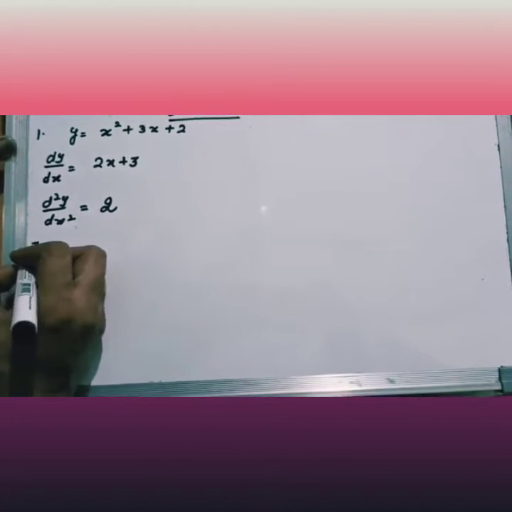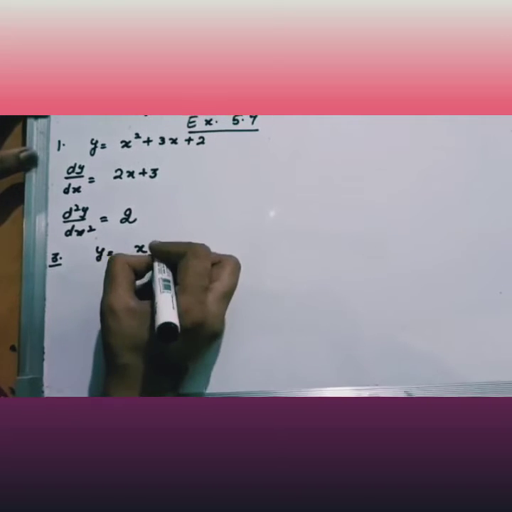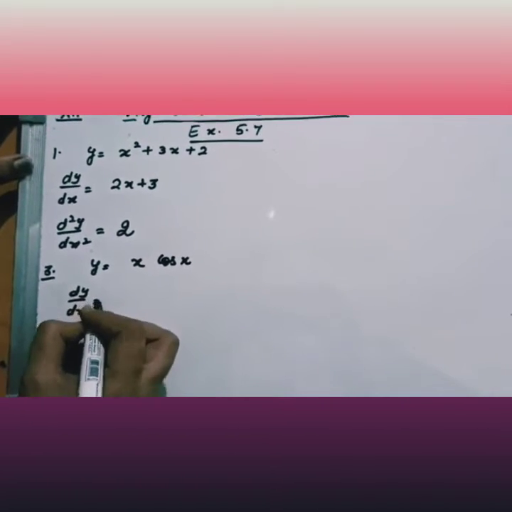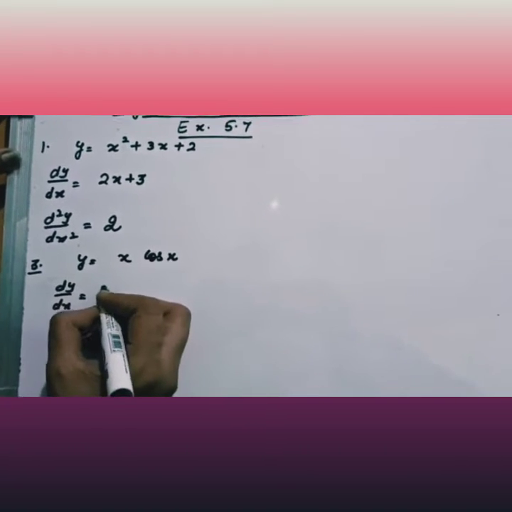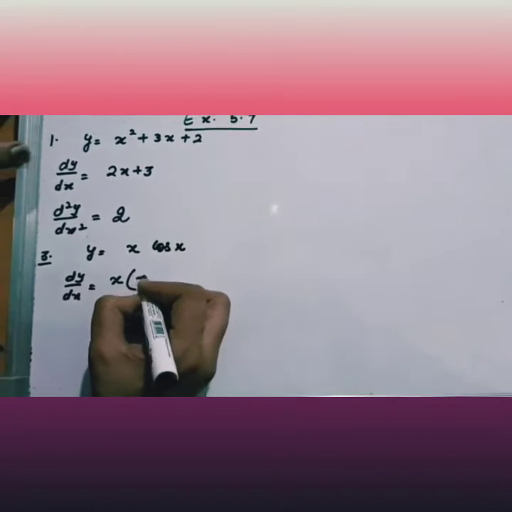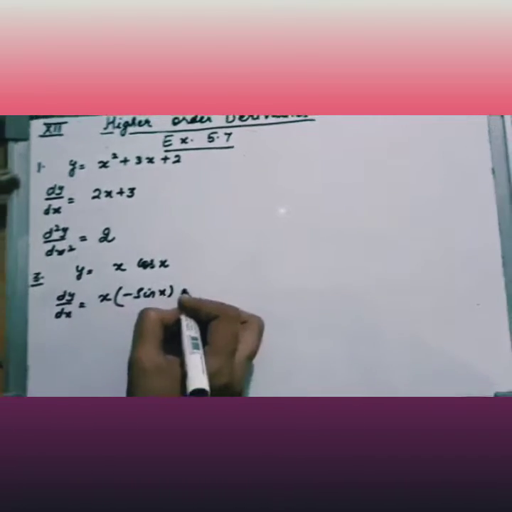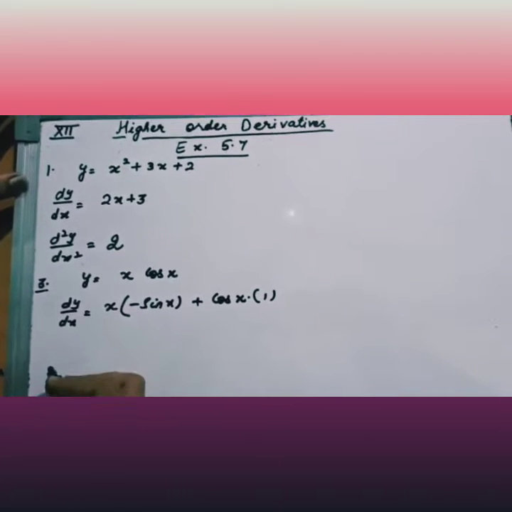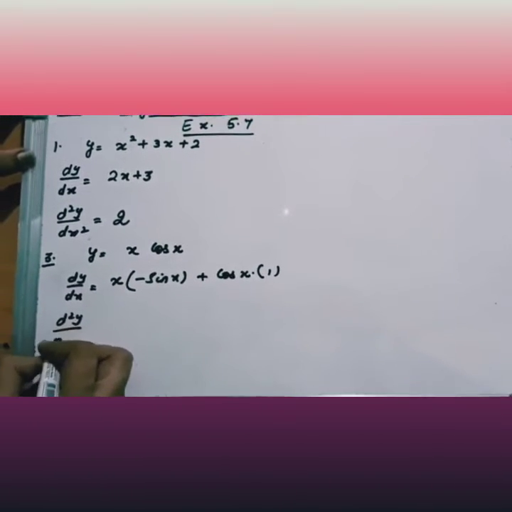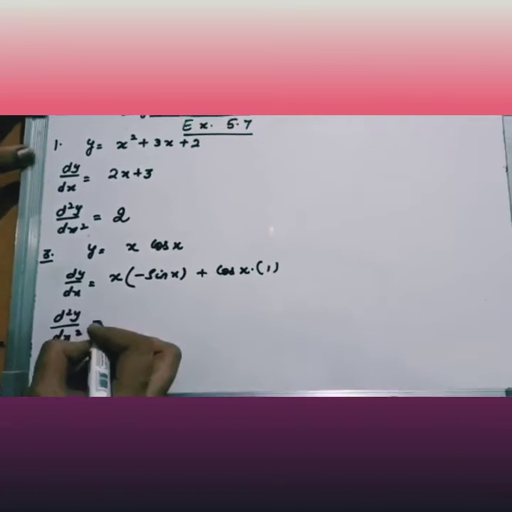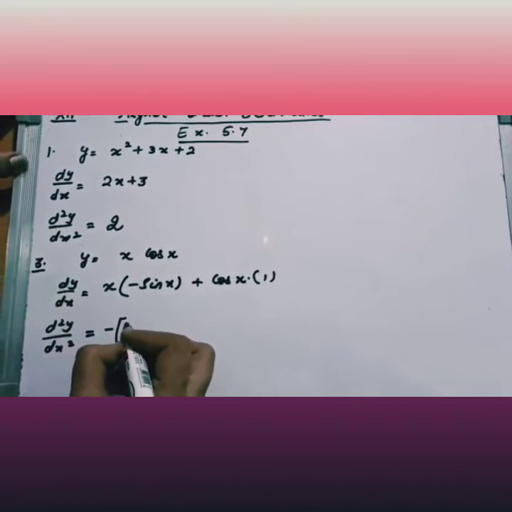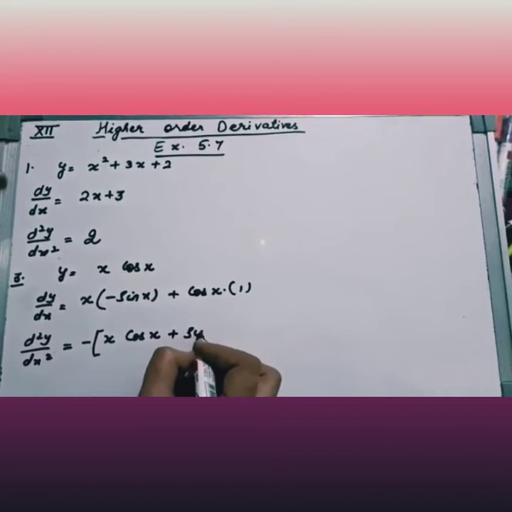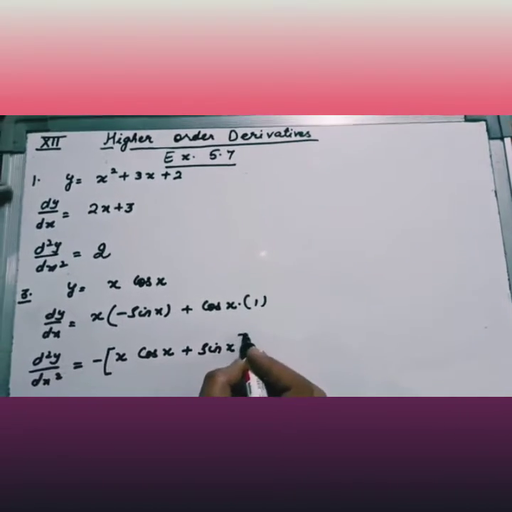Now question number 3 is y is equal to x cos x. So dy by dx is, apply product rule, x as it is, derivative of cos x is minus sin x, plus cos x as it is, derivative of x is 1. Now again if we differentiate this with respect to x, again product rule, x as it is, derivative of sin x is cos x, sin x as it is, derivative of x is 1.